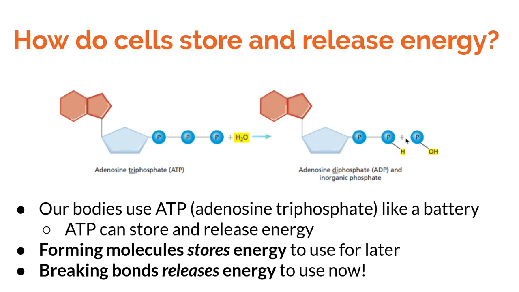But also, the energy that used to be in that bond is now released into the cell so that it can use it to grow, to divide, whatever it needs to do. So that release of energy is the important piece that we need to know for ATP and why we go through these hydrolysis reactions.